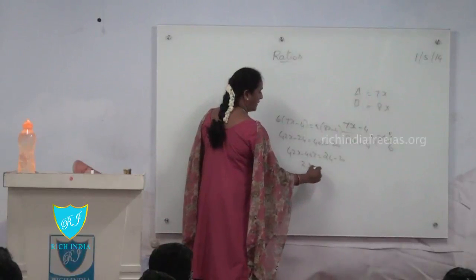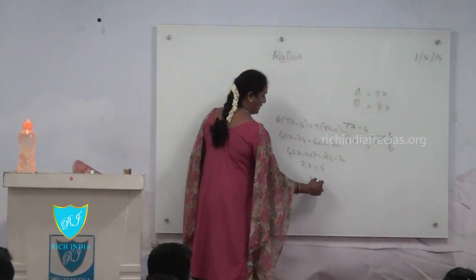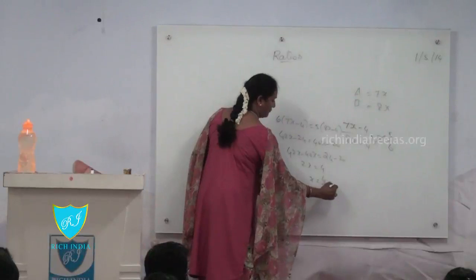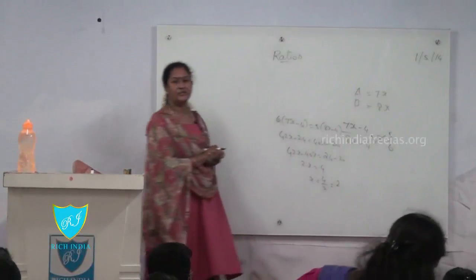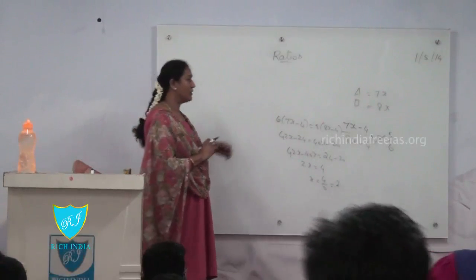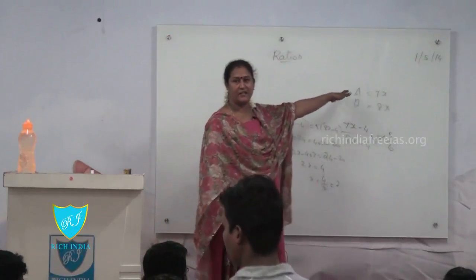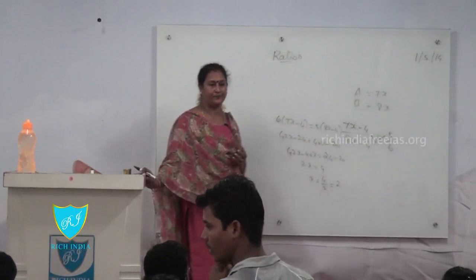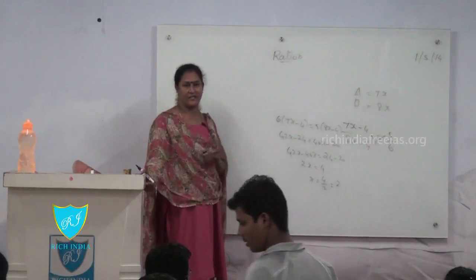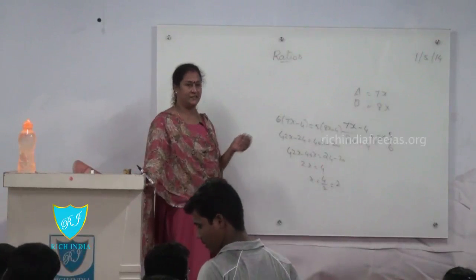So here you get 2x equal to 4 and x is equal to 4/2, where x value is 2. So now the concerned person's age, if A's age is asked, it will be 14 and if B's age is asked, it is 16.